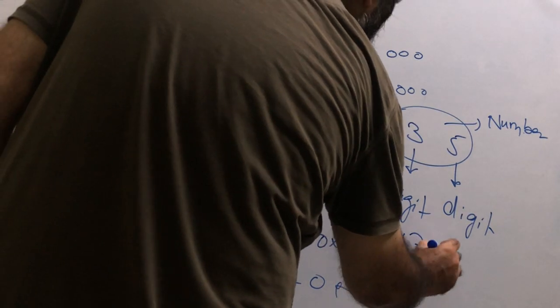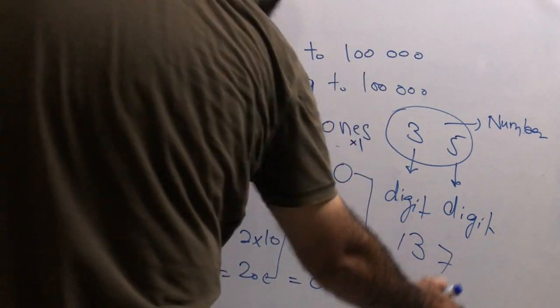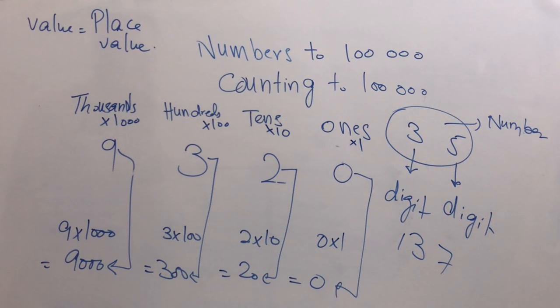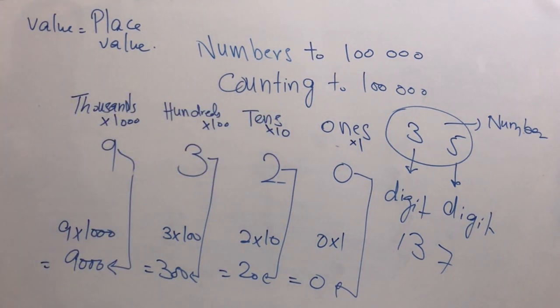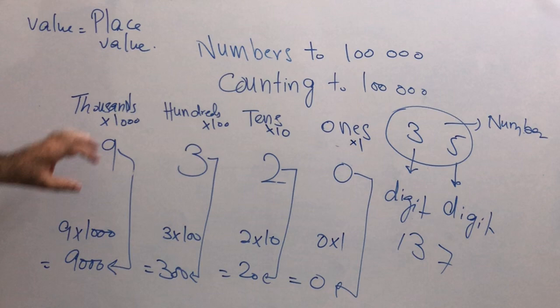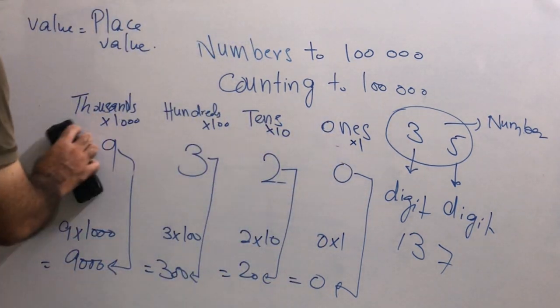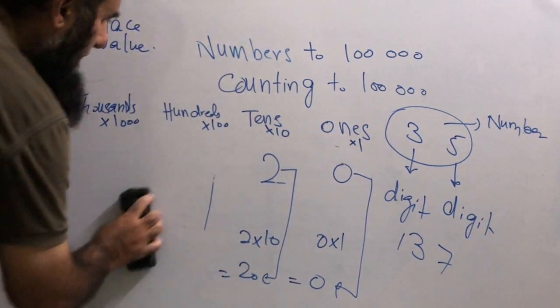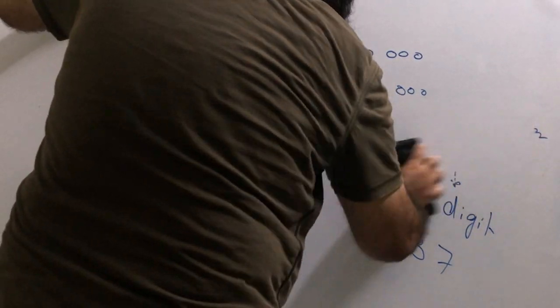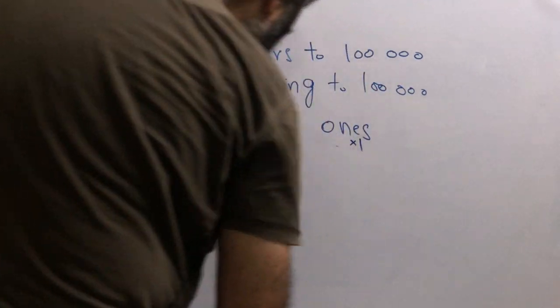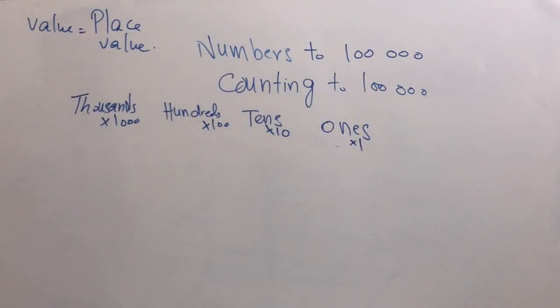Similarly, if we say 137, 7 is a digit, 3 is a digit, 1 is a digit. But when we say 137, it is a number, okay? So from this number, we have found the place value of all the digits, okay? So this is how to find the place value of the digits in a number, okay? So I think we have done sufficient examples to help you understand the basic idea of finding place values, okay?